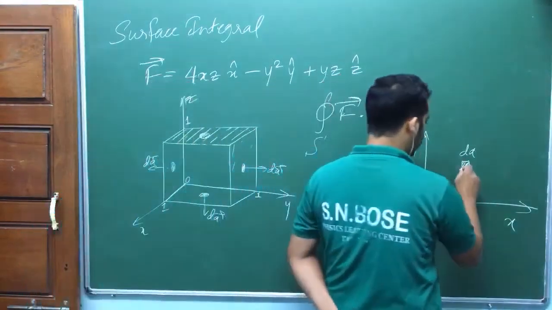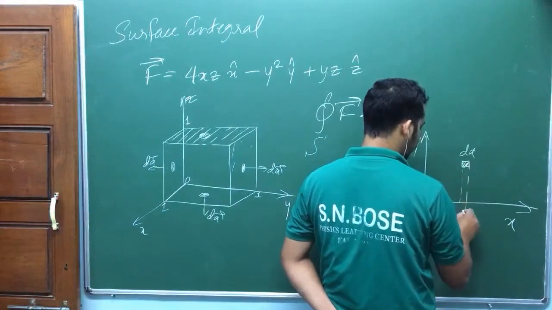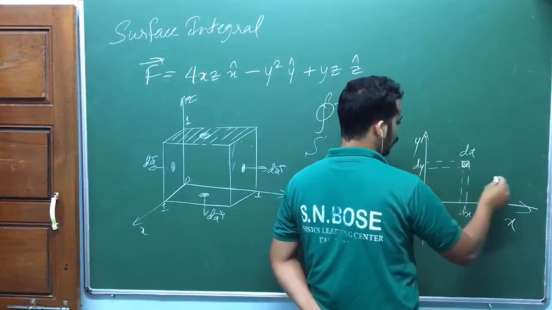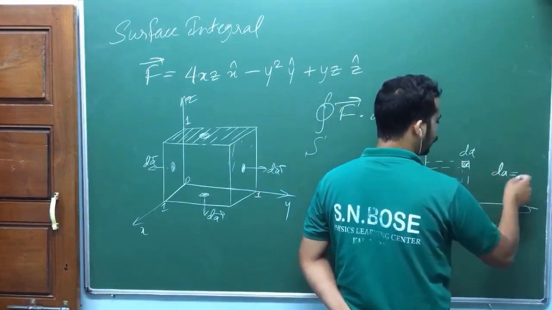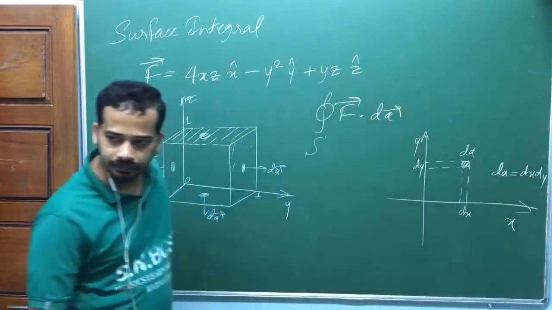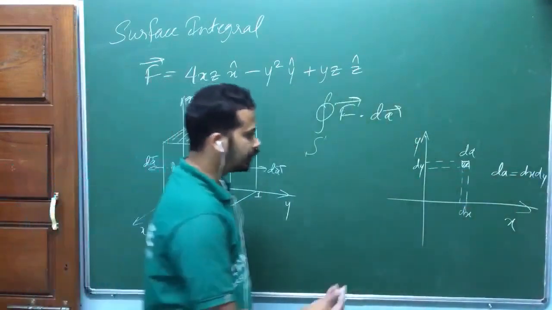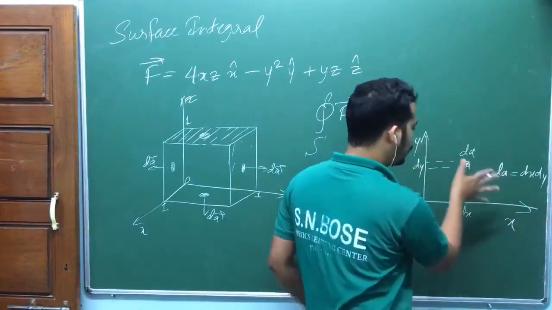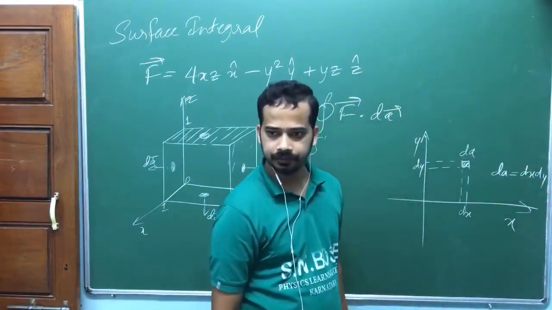Then this dA you can write as dx into dy. You can write the magnitude of dA equal to dx into dy.